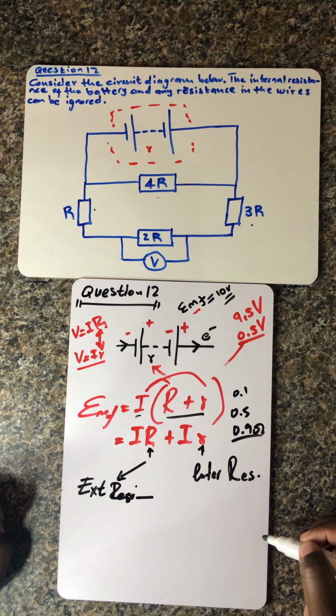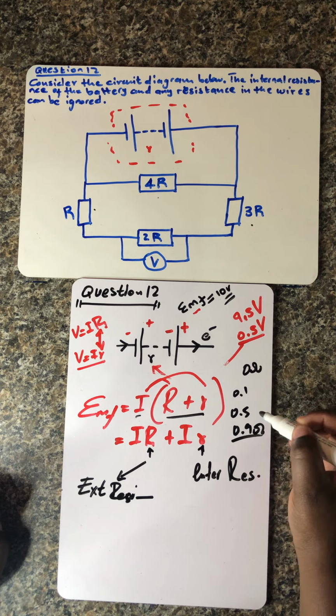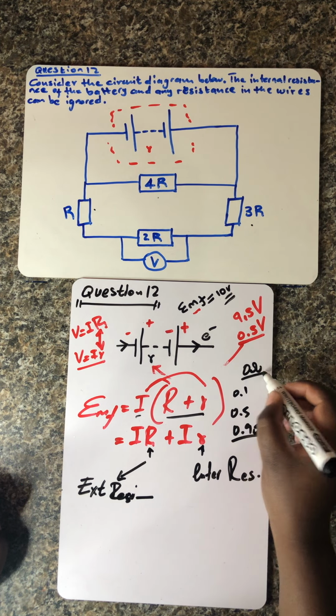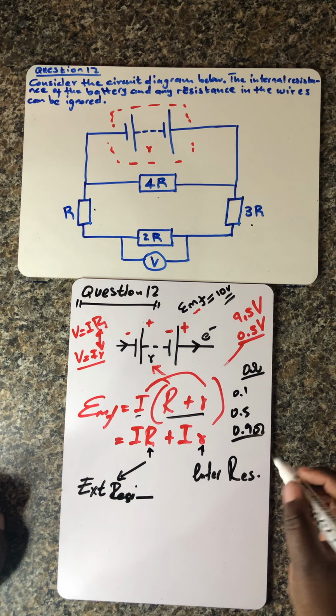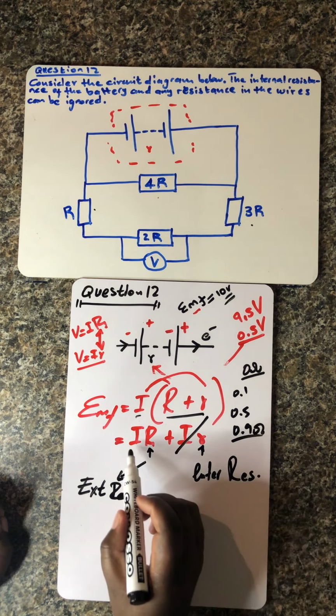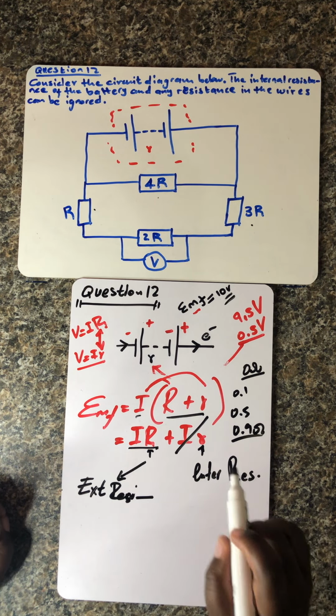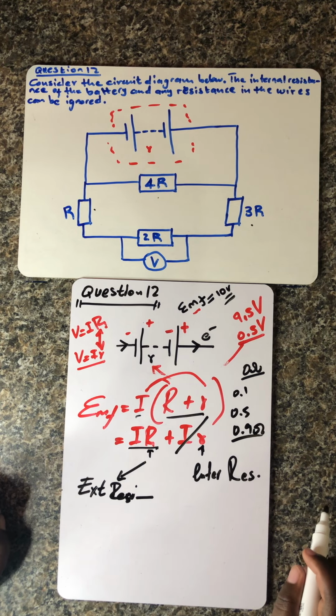But if the internal resistance of the circuit is 0 ohms, or it can be ignored, ladies and gentlemen, it means this part of the formula falls away. So that means you have IR. So that means that 100 rand worth of electricity will be used.